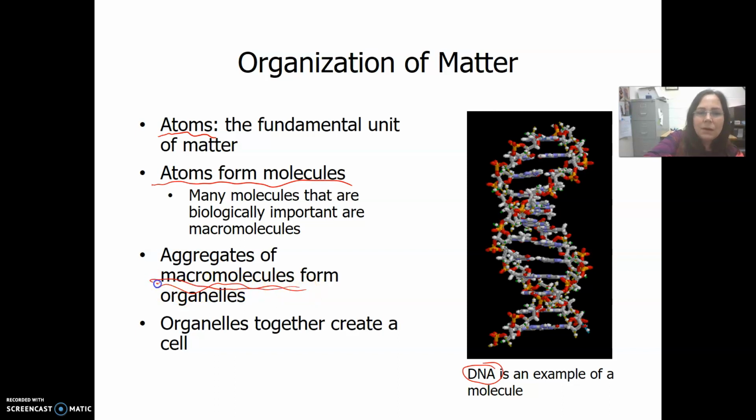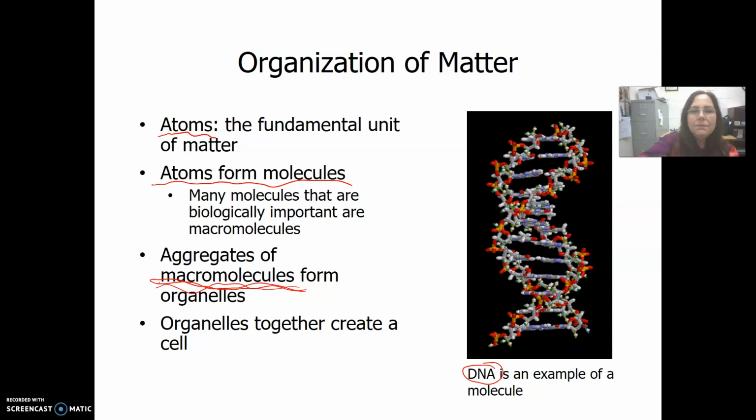You've probably heard of macromolecules more with nutrition, because nutritionists will tell you that you need to get your macros, and that means get your carbohydrates, your proteins, and your healthy fats. So DNA is one of those macros. It's a macromolecule. Protein is a macromolecule.